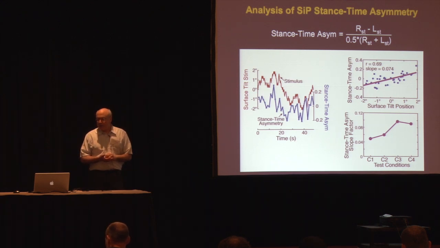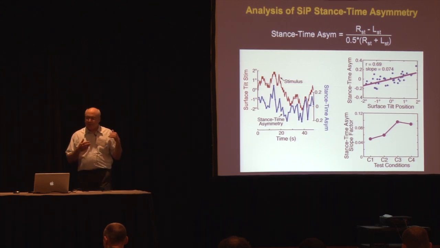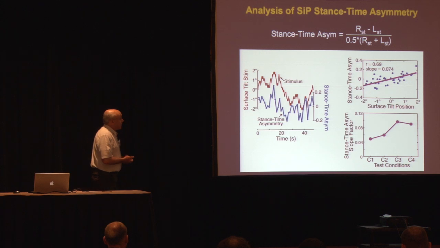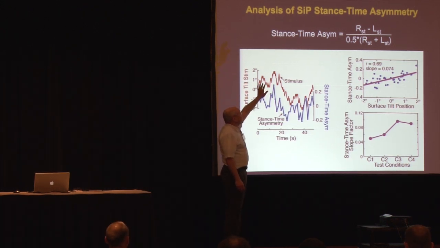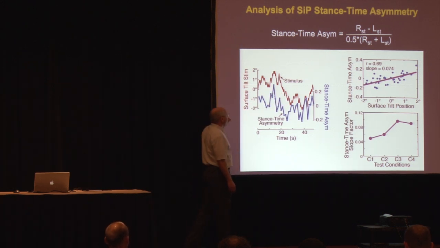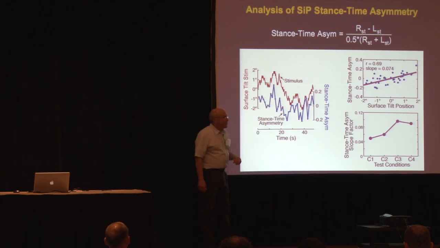We did find evidence for some mechanism somewhat similar to Christophe's phase modulation. And it's quantified here. If we calculate the stance time asymmetry measure as the difference between stance time for the right foot versus left on adjacent steps divided by the mean value, and then plot that stance time asymmetry in blue here as a function of the stimulus waveform, you can see the modulation is matched up reasonably well.